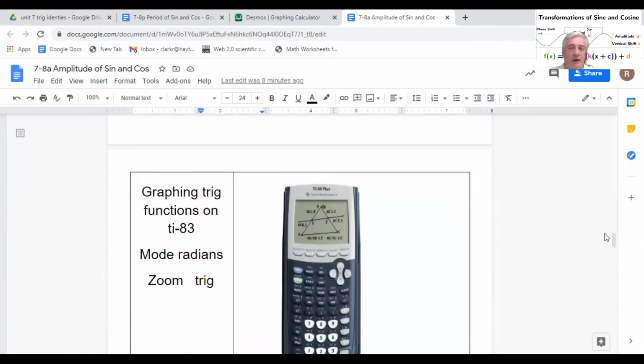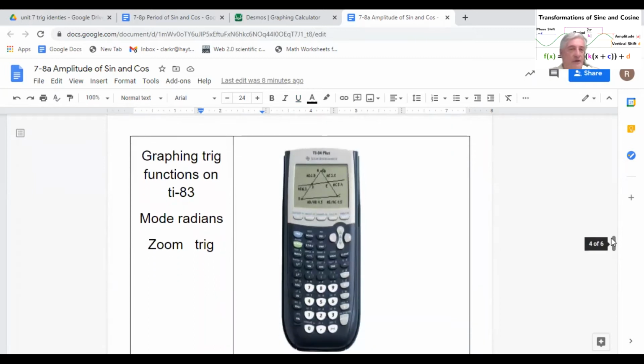When we're graphing on this calculator, we're going to start simple, graphing with mode in radians, and we're going to zoom trig. Now in radians, instead of having a -10 and a +10 on our calculator edges, I'm looking for 6.2 and -6.2.